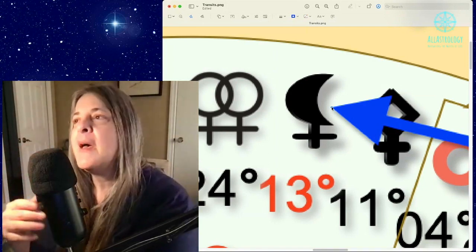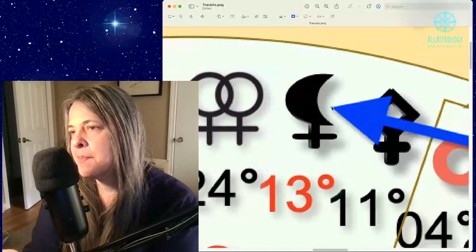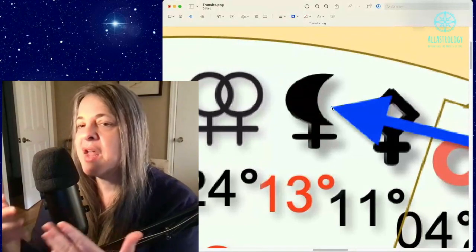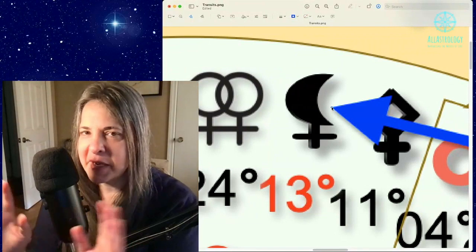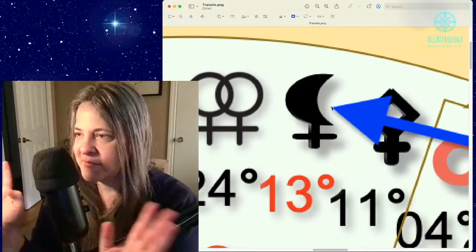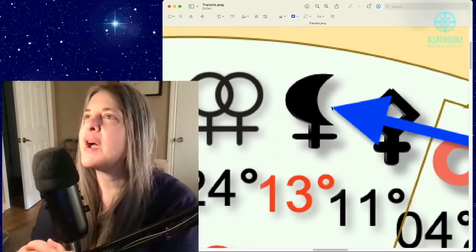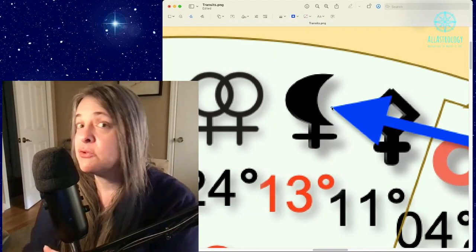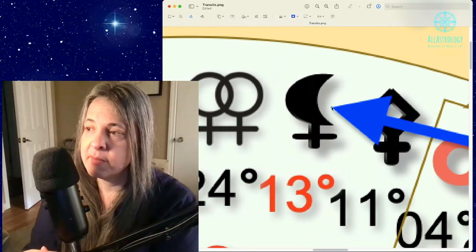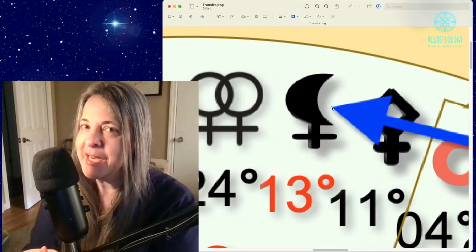I knew about Black Moon Lilith many, many years ago, and it just had such a negative meaning. I was like, I don't need this. I don't want to hear about this, there's enough negative and life is hard enough. And so I just thought I'm not even going to plot her. And then major events occurred and it was like, I'm choosing to be ignorant by not plotting her.